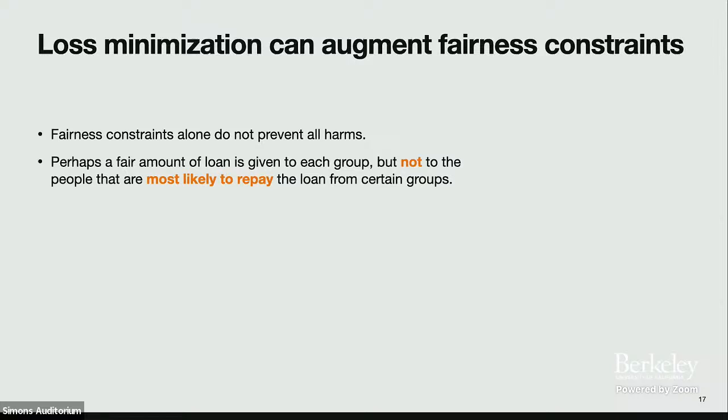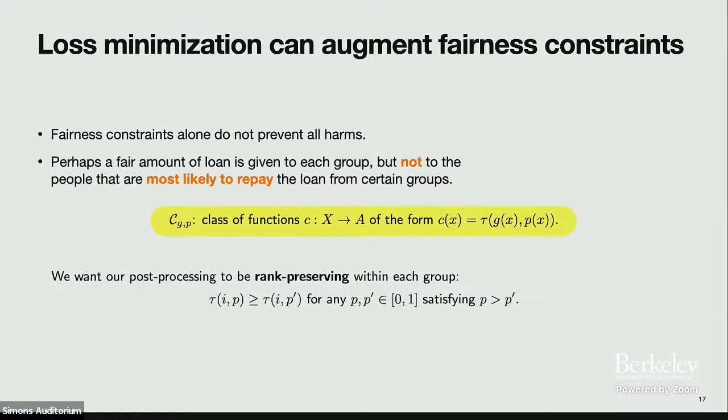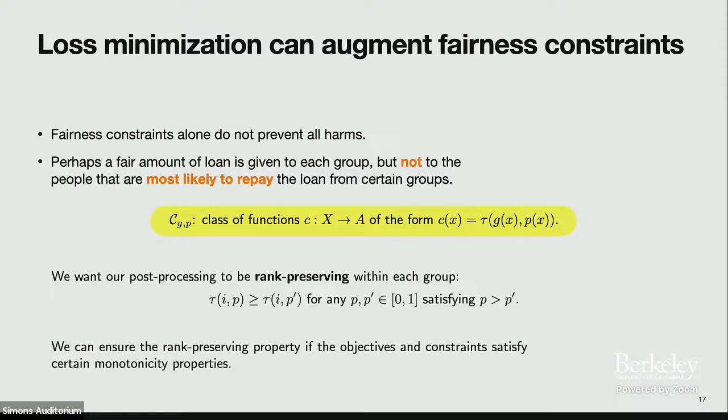And by doing this, we're causing harm to those groups because potentially we're making the economic situation for those groups worse and worse. So we ask in what cases can we make sure that we give more loans to the people that are predicted more likely to repay within each group. And indeed, we show that under some mild monotonicity assumptions, we can ensure this property that we call rank preserving.